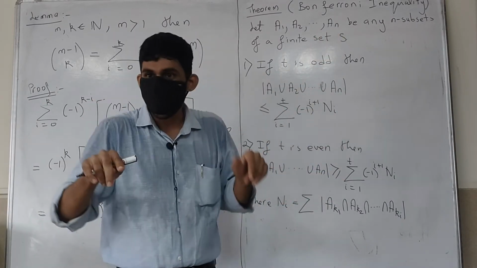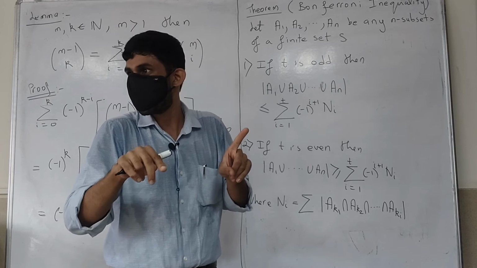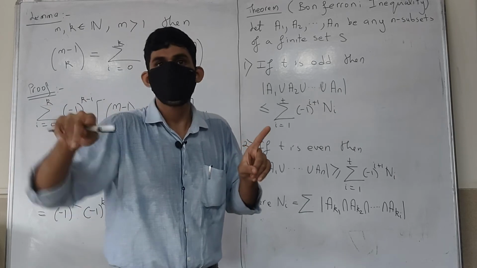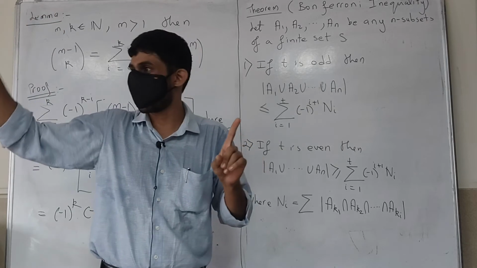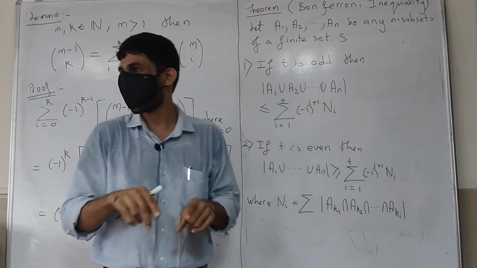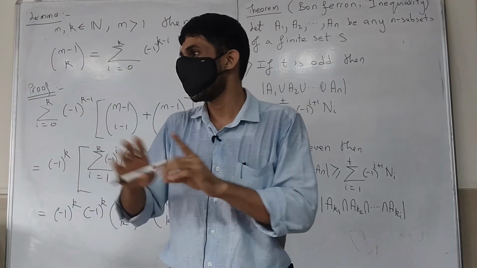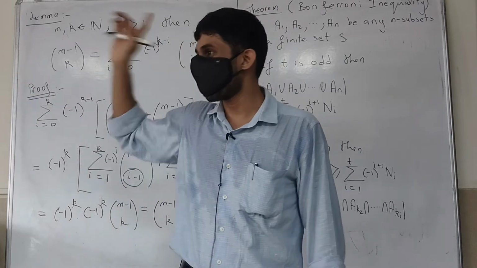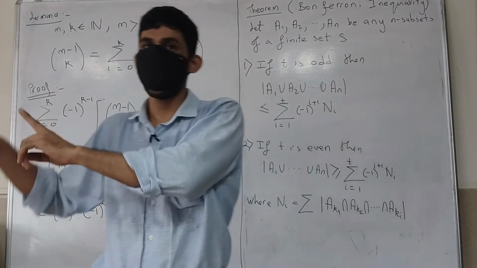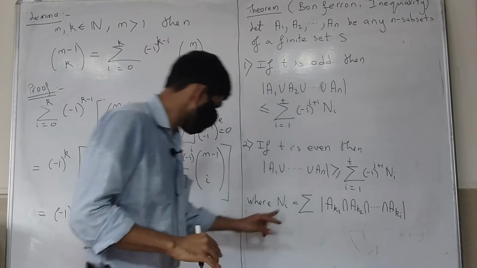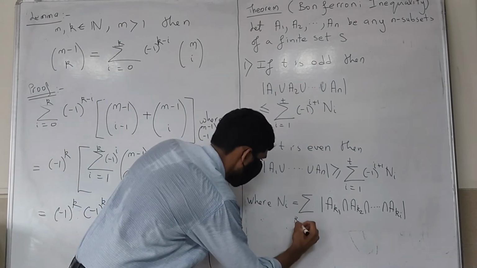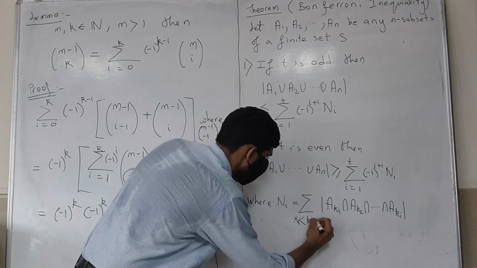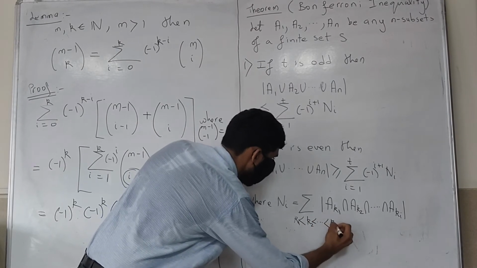N2 would be cardinality of A1 intersection A2 plus cardinality of A1 intersection A3, up to A1 intersection An, plus cardinality of A2 intersection A3, A2 intersection A4, and so on. You get that idea, where of course I want k1 less than k2 up to ki.